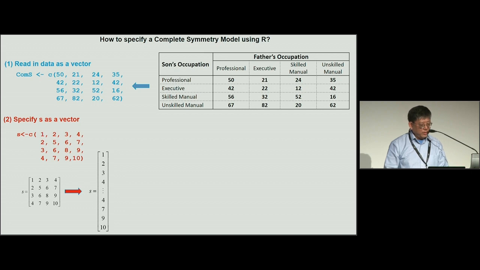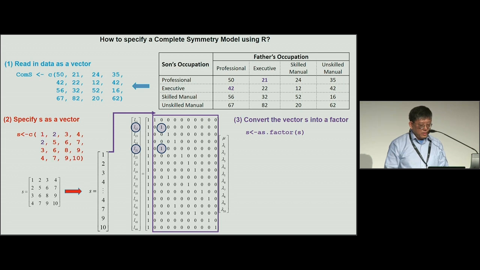So to do that, same thing, create a vector for S, and that is written here as a matrix, but in fact it is stored as a vector. And convert the vector S into a factor, which translates that into this format. For those to do that, it is probably quite intuitive.